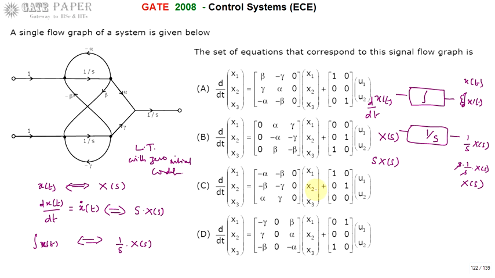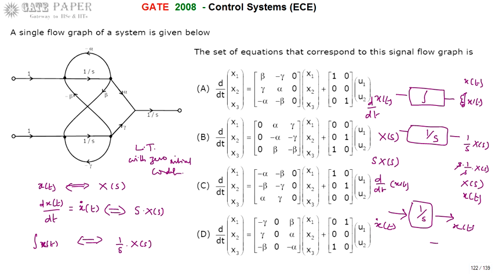So finally we can conclude: for an integrator, if you give x dot of t, you will get x of t as the output. The output of the 1 by s block is simply x of t if the input is the differentiation of x of t.